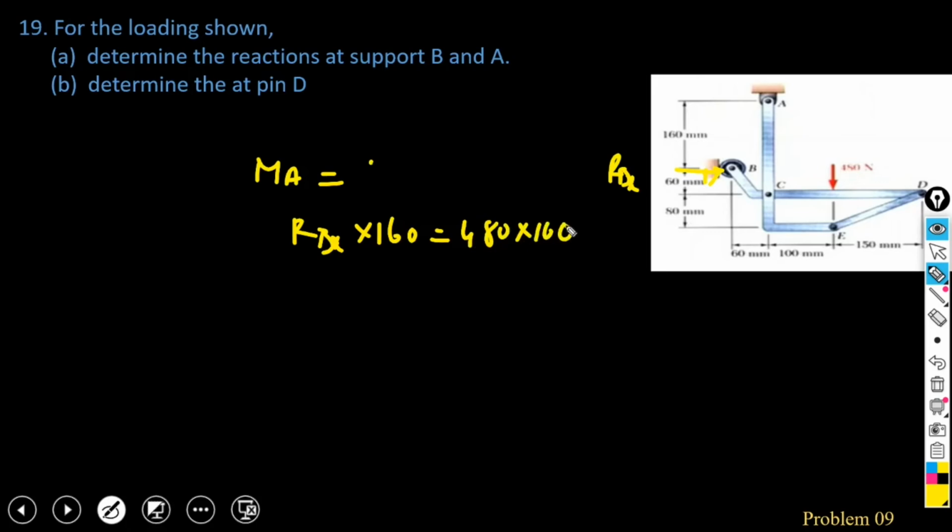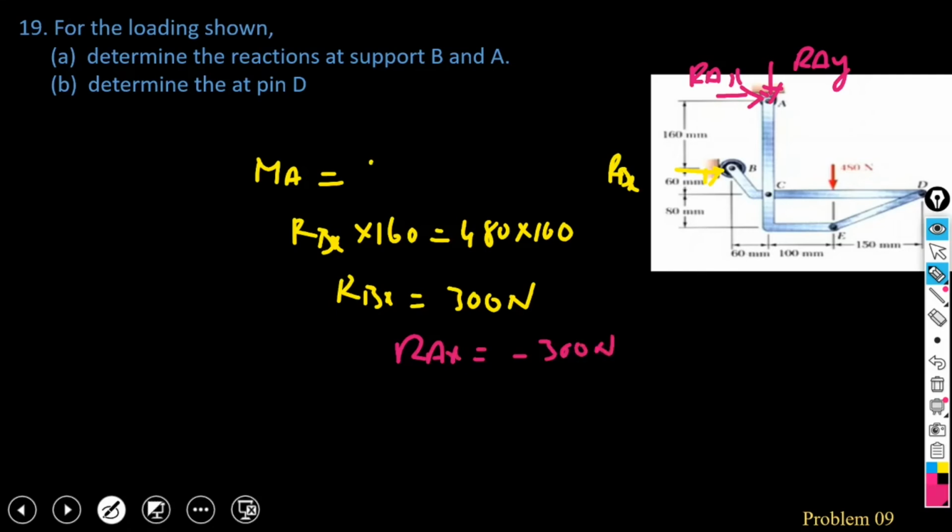Then RBX is equal to 300 newtons. For the reactions RAX and RAY, let this be RAX, this be RAY. Then from summation of horizontal and vertical components, RAX is equal to minus 300 newtons and RAY is equal to minus 480 newtons.